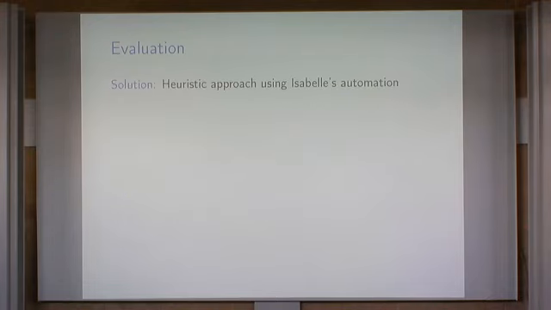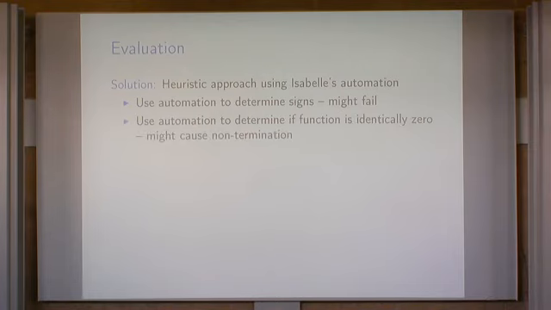So the question is, what do we do? And I did a very, very simple heuristic approach. I essentially just applied Isabelle's automation on the goal to determine the signs. So I said, okay, can you prove that one of them is smaller than the other? And if yes, then everything is fine. And if you cannot, then you just give the user an error message. And then the user might have to prove additional facts to make the automation figure it out. For the identically-zero test, I essentially apply the automation, and if it can prove that it's identically zero, then I just use that.